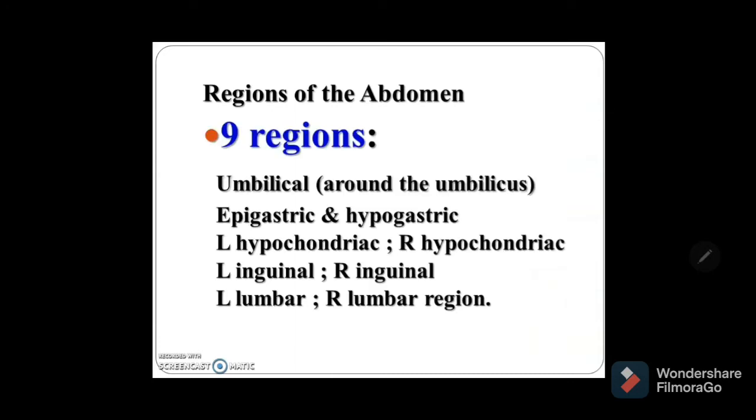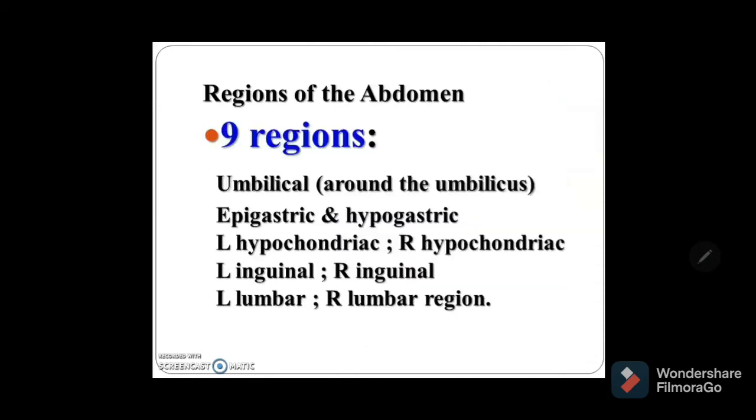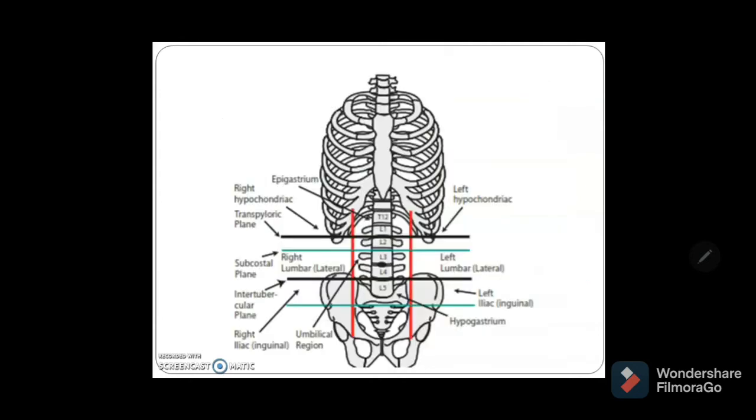So the abdomen is divided into 9 regions: umbilical region, epigastric, hypogastric, left and right hypochondriac, left and right inguinal, left and right lumbar regions that you see here. So remember the 2 horizontal planes, transpyloric and transtubercular, and 2 vertical planes dividing the anterior abdominal wall into 9 regions.